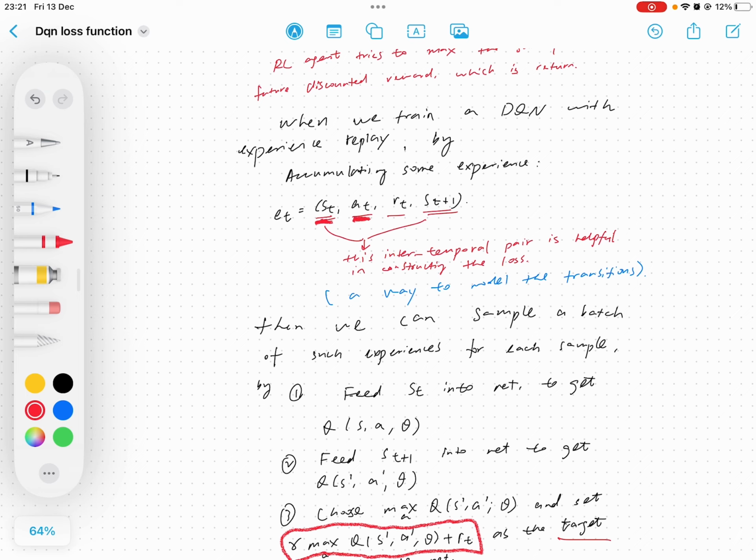Then the agent will know that given ST and AT, the state becomes ST plus 1 with a high probability. Then this will be useful for us to input to the Q function to obtain the maximum of the Q values by simply looking up all those possible values of A to maximize the Q in the one-step future, right? Okay, good.